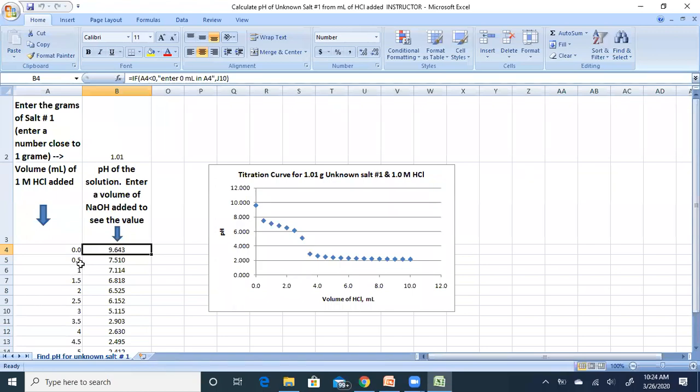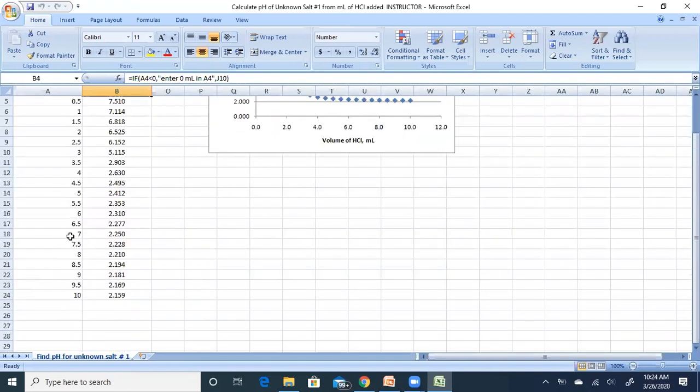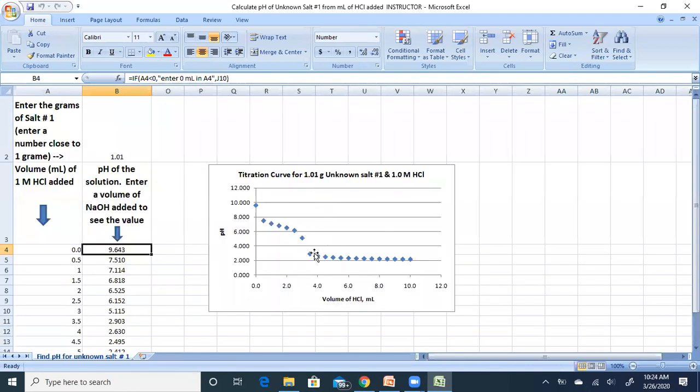I think those Excel files are flexible. You can change them into different numbers, even though the manual tells you to use those numbers. You can fine tune the volumes near the equivalent point, putting more points here, and then you can identify the equivalent point a little more accurately.